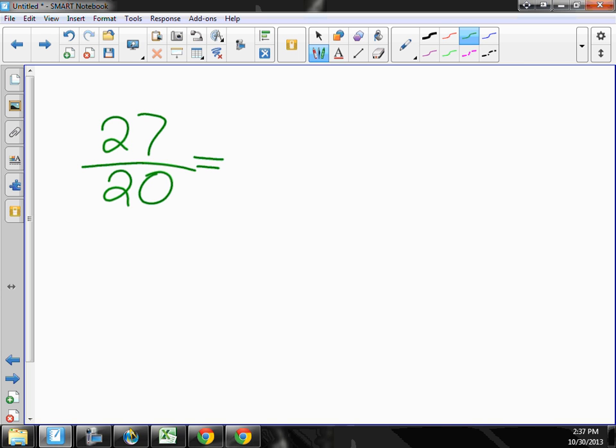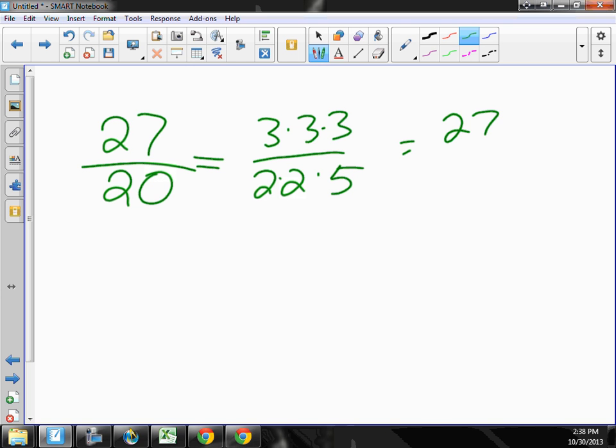This is 3 times 3 times 3 over 2 times 2 times 5. I'm multiplying. Does anything cancel? No. So it's already simplified. So I put all these back together, and my answer is just 27/20ths.